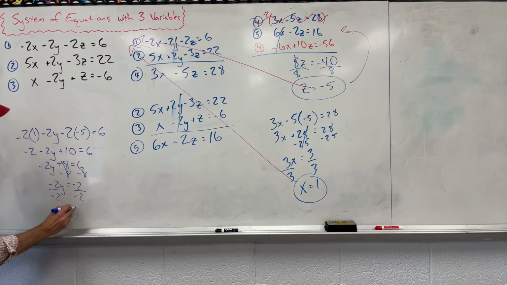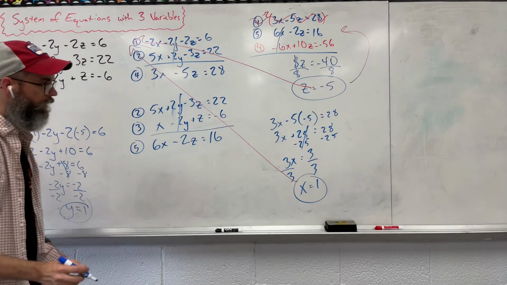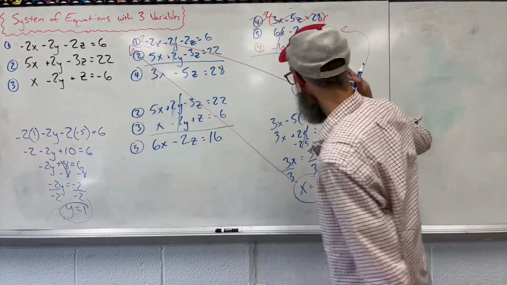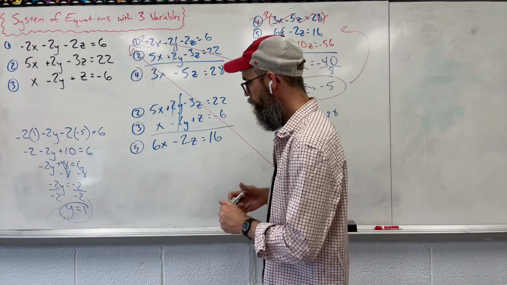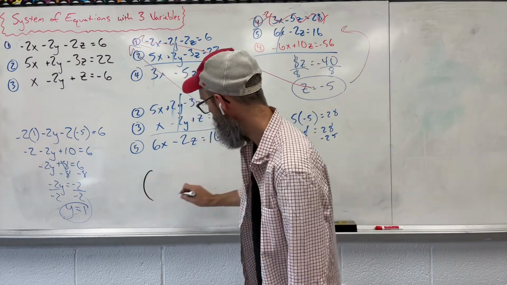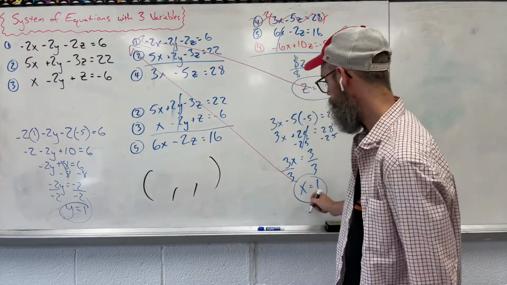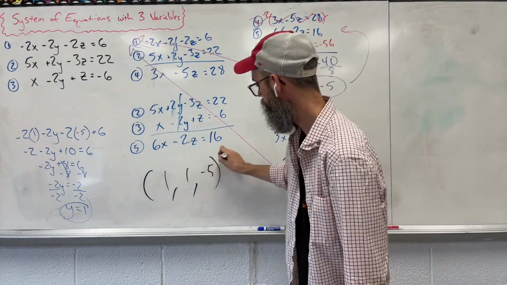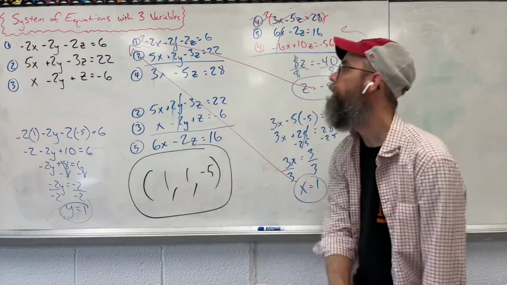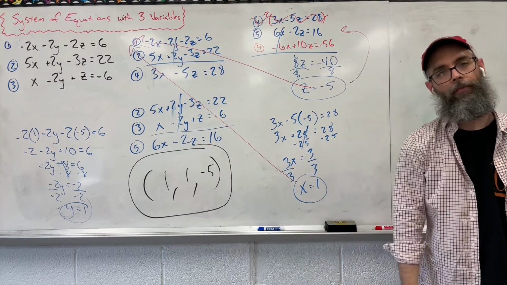Divide. Y equals 1. Great. We have x, we have y, we have z. We need to take our final answer, put it in order, always alphabetical order in this giant coordinate: 1, 1, -5. And that is solving a system of equations with 3 variables.